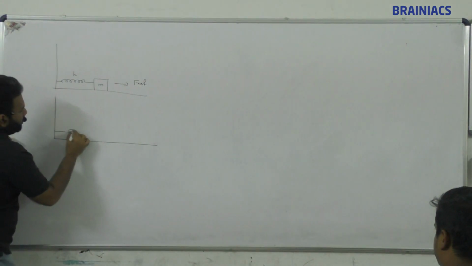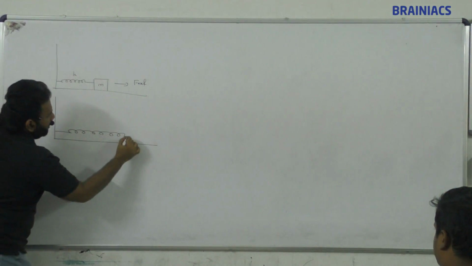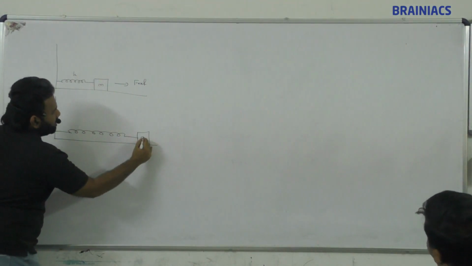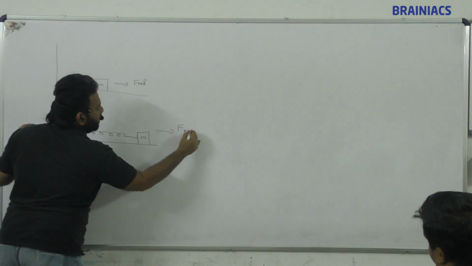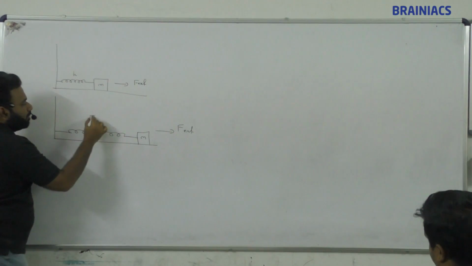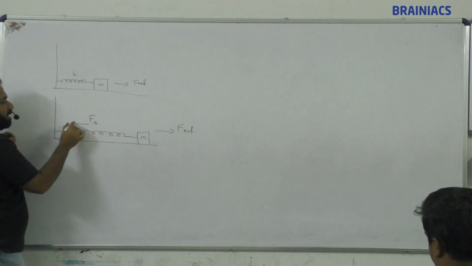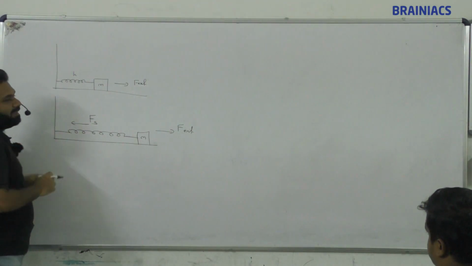So suppose this is the extension, this is mass m, and now I am applying F external, there will be F spring in this direction. What will be the spring force?